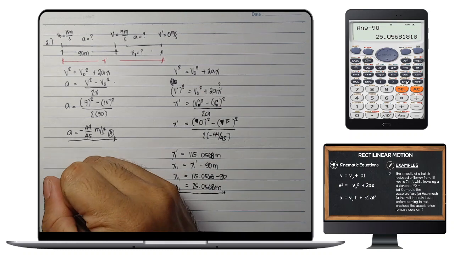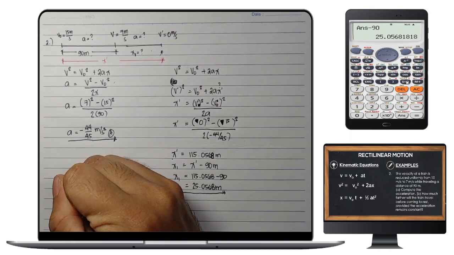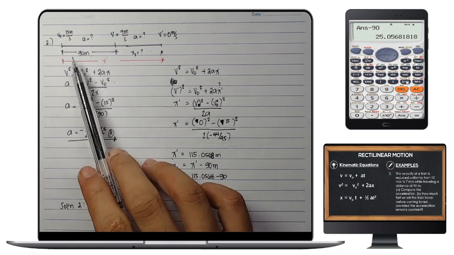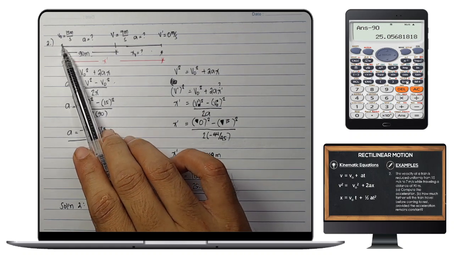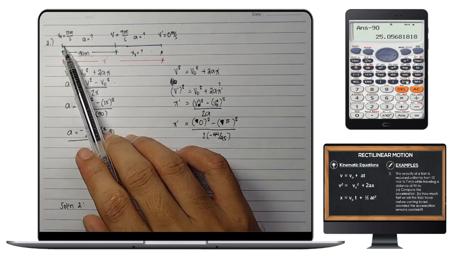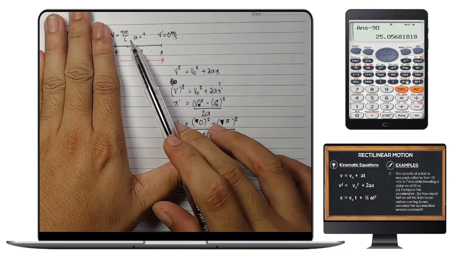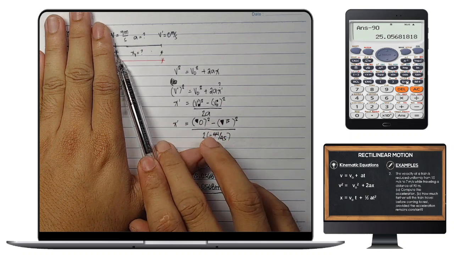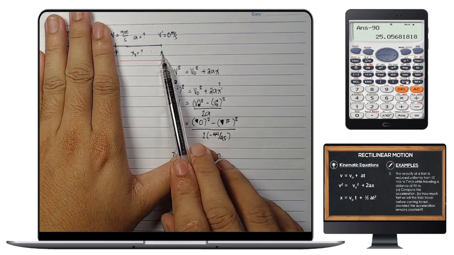So for the second solution in finding the value of x sub 1, you can cut down the figure. So instead of referring to the initial velocity, you may refer to this point because x sub 1 is from the 90 meter mark going to the final mark.